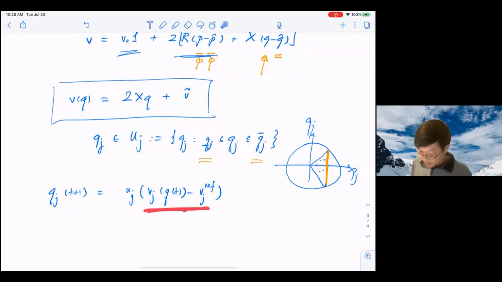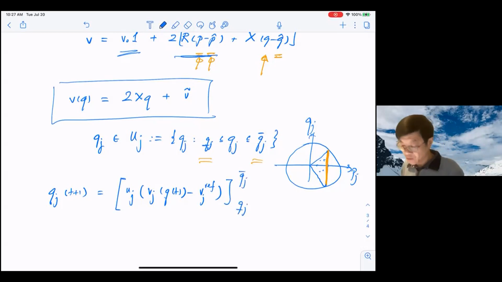This is the error term, and your control UJ can depend only on the local error. And then you saturate at lower and upper bound of your reactive power, okay?